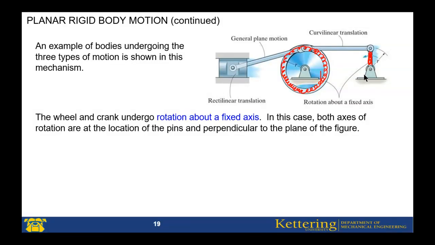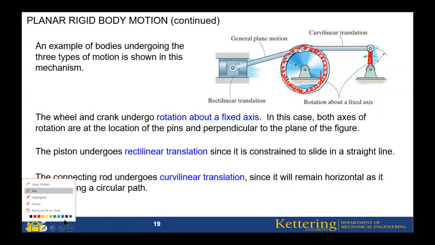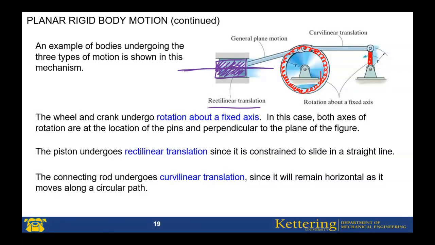Then, this piston has a rectilinear translation because its motion is limited to move along this direction.